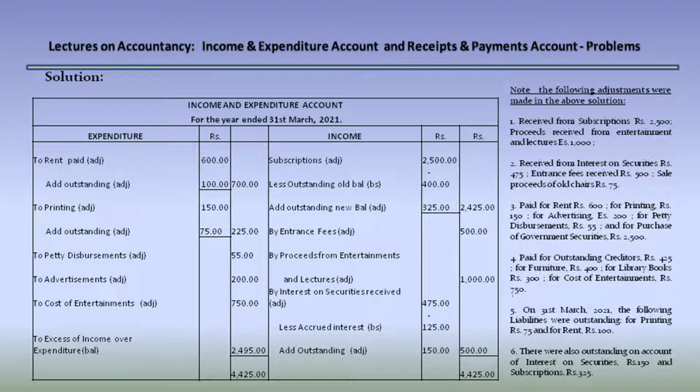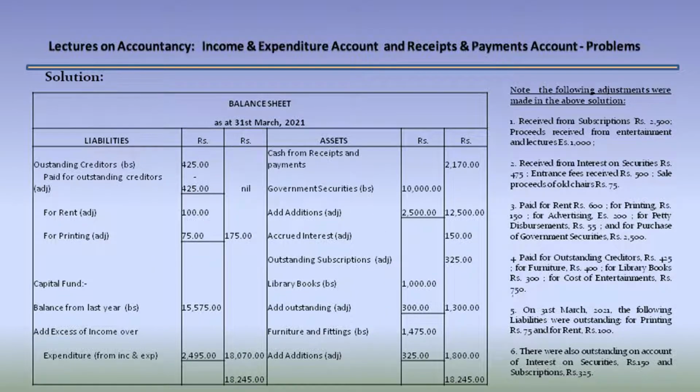By interest on securities received 475 rupees, less accrued interest from the opening balance sheet 125 rupees, add outstanding from the adjustment 150. Total net amount 500 in the outer column. So total income is 4,425 and excess of income over expenditure is 2,495. This is how the income and expenditure statement is prepared.